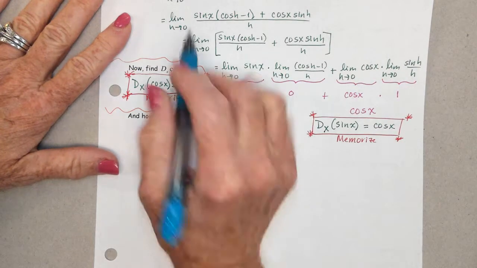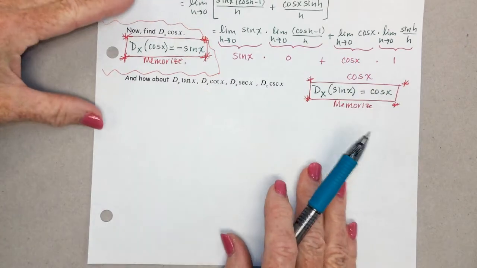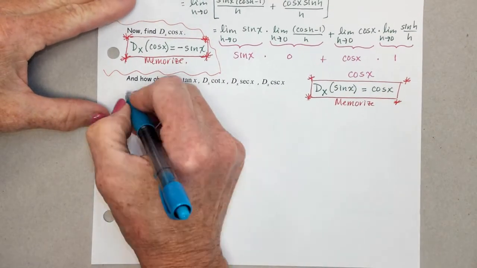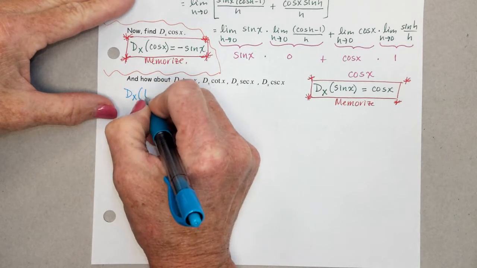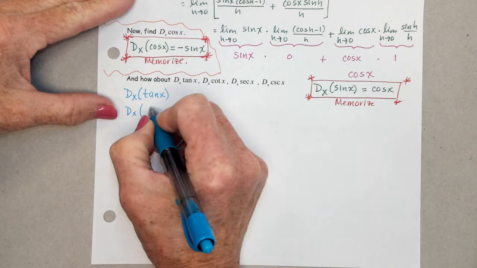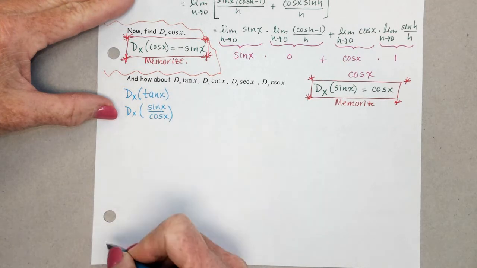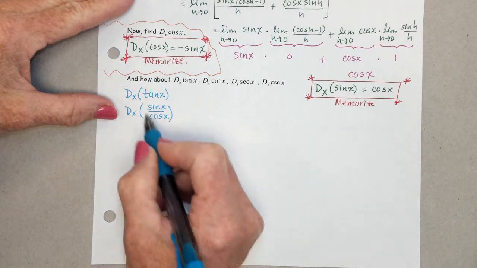And instead of doing the limit definition of a derivative like we did up here for tangents, let's take that tangent and rewrite that as sine divided by cosine. Now we could use a quotient rule.